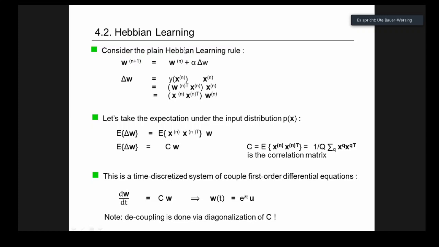All right. So we've considered what this delta W actually is, how we calculate it, and how we can reformulate it. Now we get back to time. We are changing our W's by this product, the correlation matrix C times W. In principle, we have the time discretized version of this system.